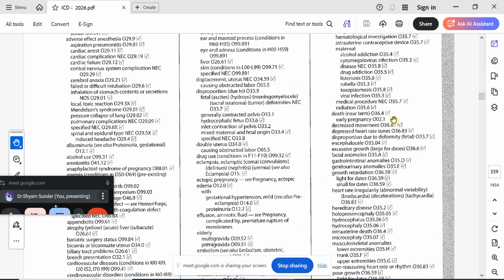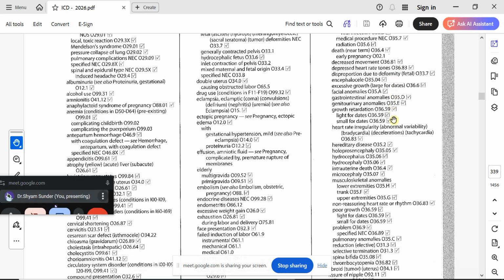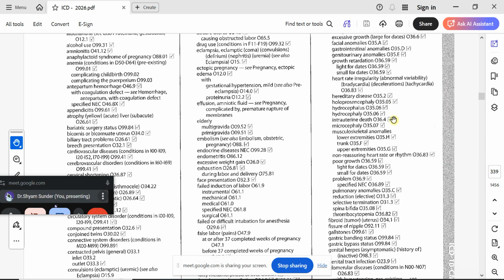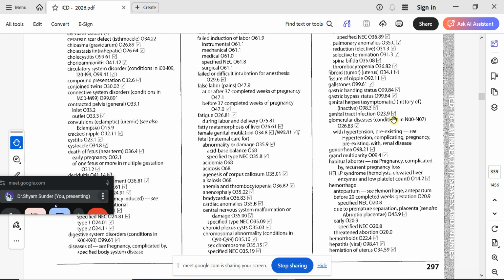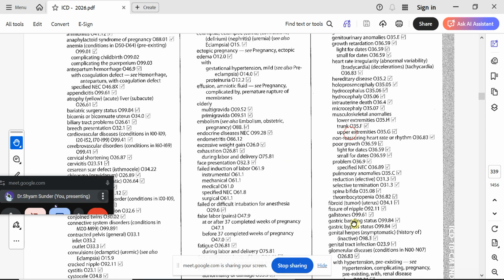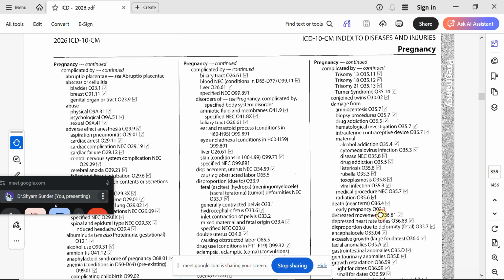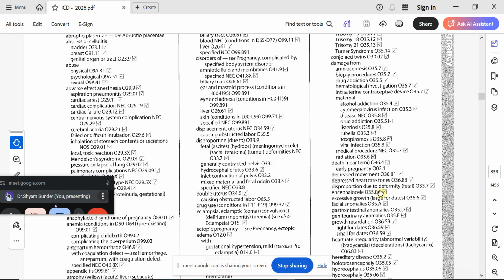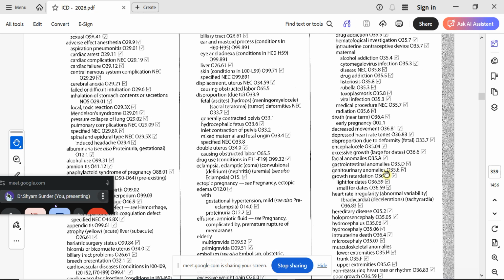If you see here, for example, in case of decreased fetal movement, the baby is not moving, and it is examined by the obstetrician, they will take action.